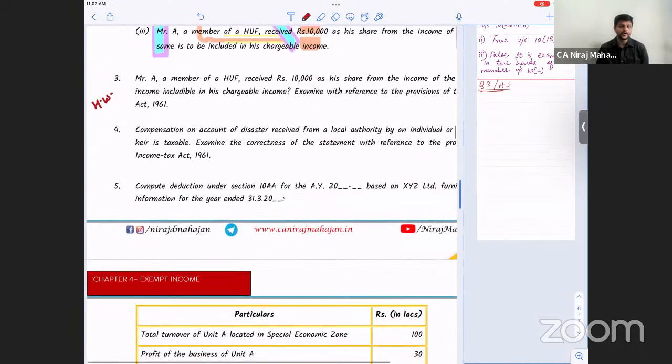Is such income includable in his chargeable income? Examine with reference to the provisions of the Income Tax Act. What do you write? It is not to be added in his income. Why? Because it is exempt under section 10(2), because it is a share of profit on which tax was paid by the HUF. Yes, Celia.